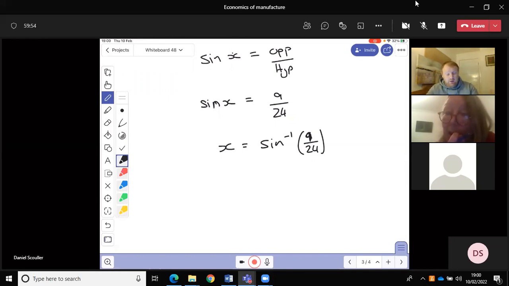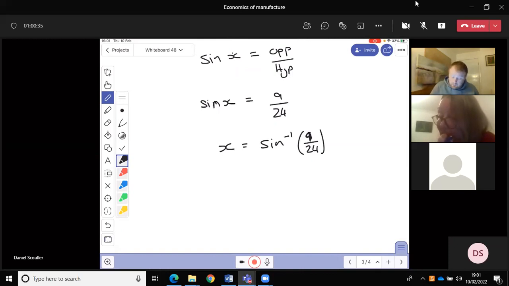When we go shift sine, you should get sine to the -1 shown in your calculator. Some calculators put the bracket in automatically. If it doesn't, put a wee bracket in. There should be bracket buttons, pretty obvious. Then 9 divided by 24, and then close that bracket. I'm doing it in two calculators just because one of them's a different setup.